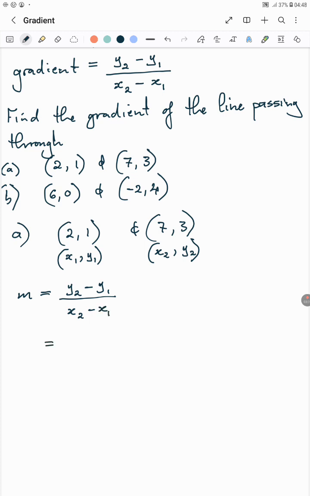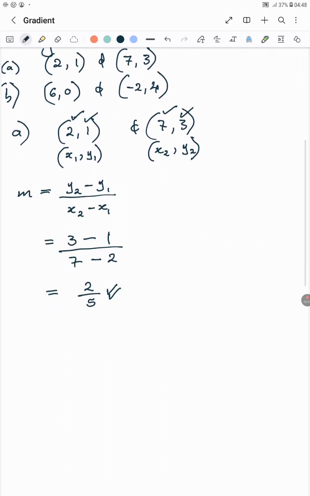So our y2 will be equal to 3, our y1 will be equal to 1, our x2 will be equal to 7, and our x1 will be equal to 2. So on top we'll get 2, at the bottom we'll get 5. So which means our gradient for part A will be equal to 2 over 5.